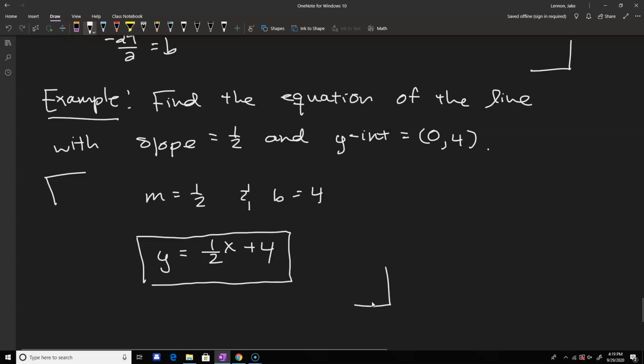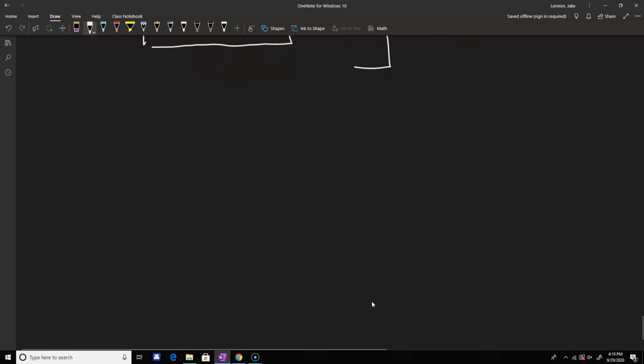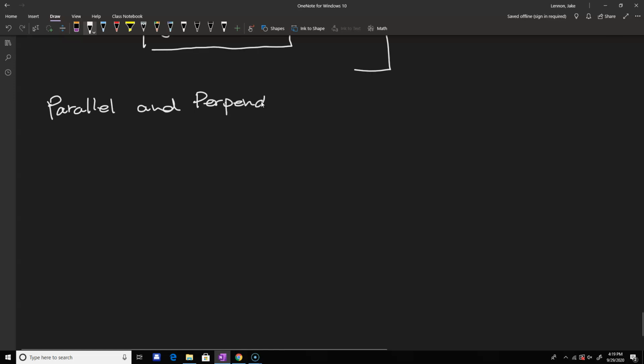Let's go ahead and talk about parallel and perpendicular lines as one final thing. So in Euclidean geometry, there's a few ways to define parallel lines.